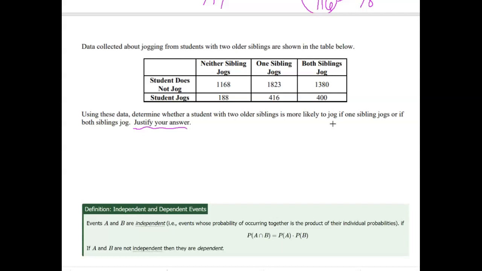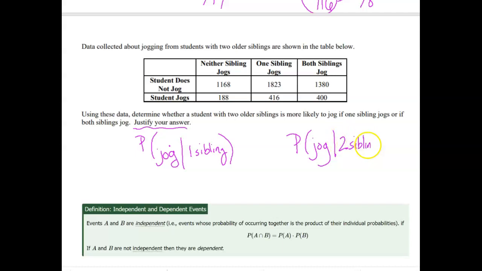So first we want to write this in our notation. So we're going to do the probability of jogging, given you have one sibling. And we're going to compare it to the probability to jog if both siblings jog, given two siblings jog.